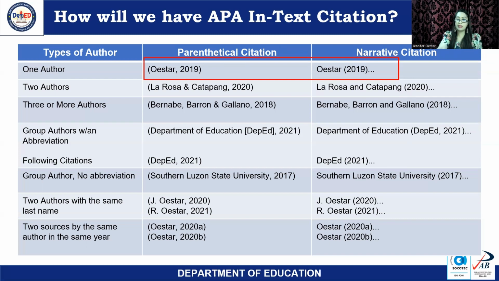I had written two studies in the same year. For example, Ostar, 2020a, the first study, and Ostar, 2020b, the second study. So you will only write a and b if you encountered two sources by the same author in the same year.